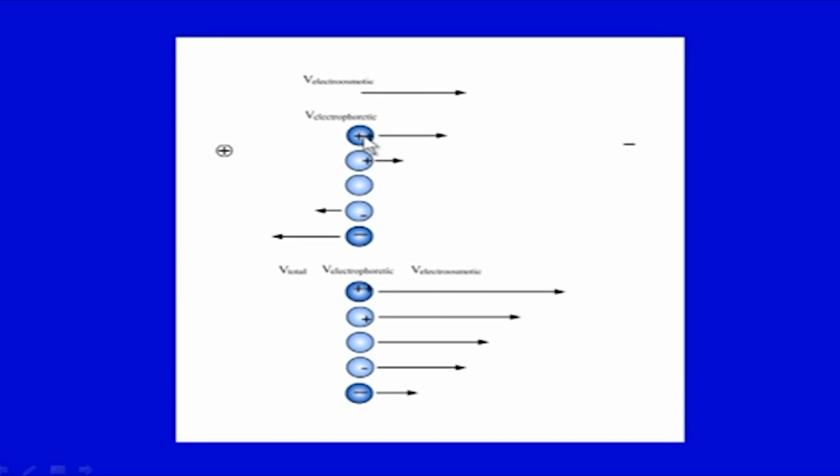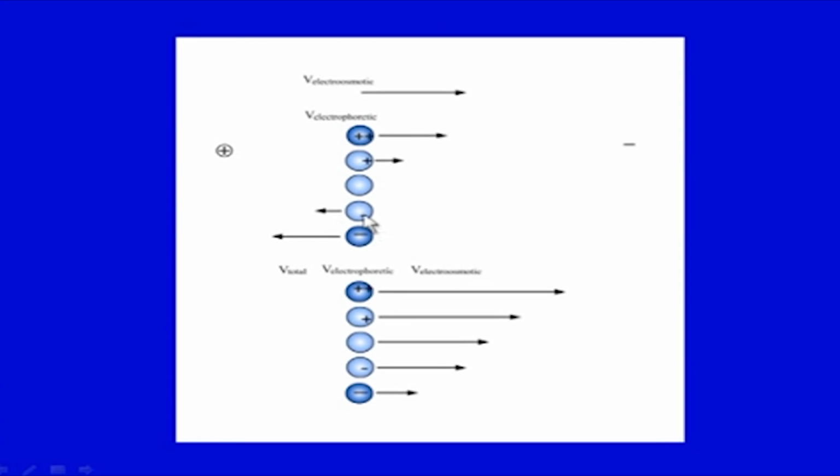The more positive the charge, the more rapidly it will move towards the cathode, and the less the charge, the less it will move. So it is a relative migration depending on the charge carried by the species. Likewise, neutral species will just move through, but not as rapidly as the positively charged species.